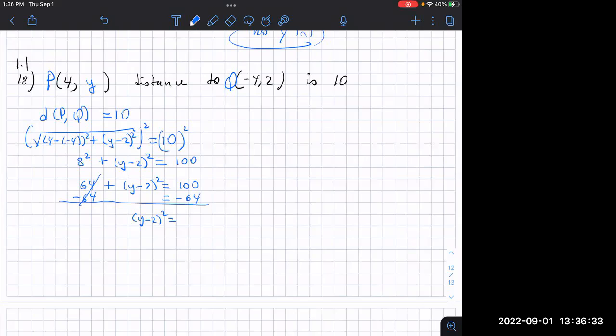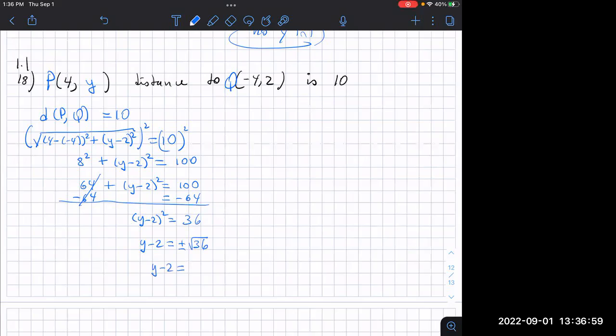Okay, so (y − 2)² = 36. What's the next step? Square root again. So then we get plus or minus the square root of 36.